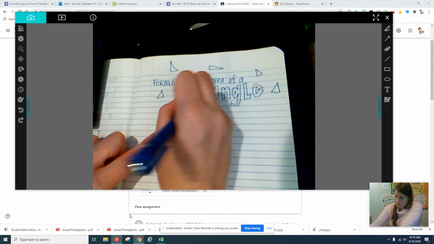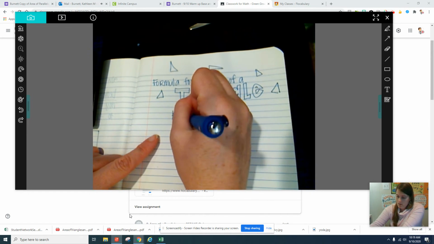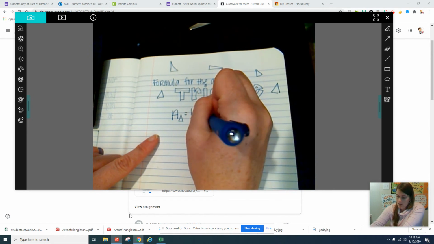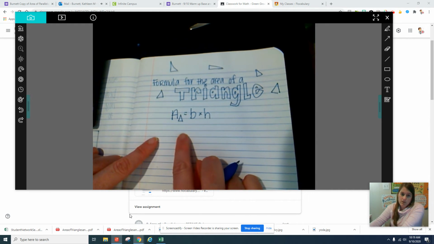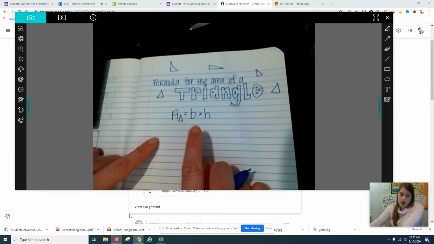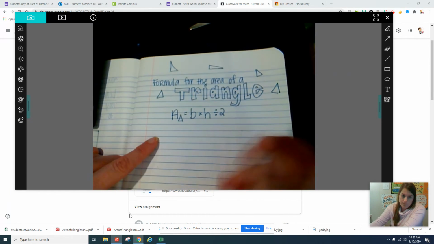Area of a triangle. We're going to use the same for a rectangle, okay? Base times height. But we're going to do one more thing. We know from the other page, every triangle is half of a rectangle. So we're going to do base times height, and then we're going to divide it by 2.